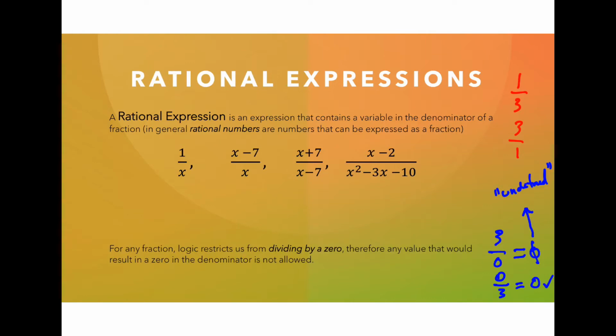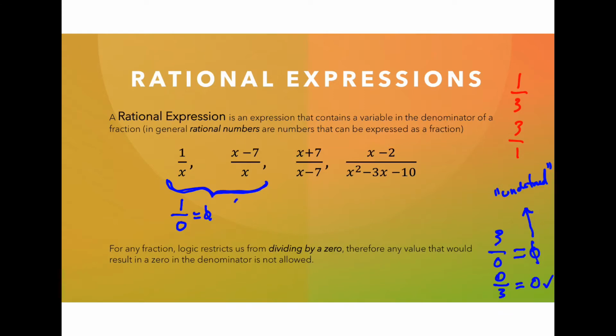So if we go up to these expressions up here, we see for these first two, they both just have x in the denominator, right? So for me to get 0 in the denominator, I would simply have to substitute x equal to 0, and I would end up with 1 over 0 here, which is not allowed.